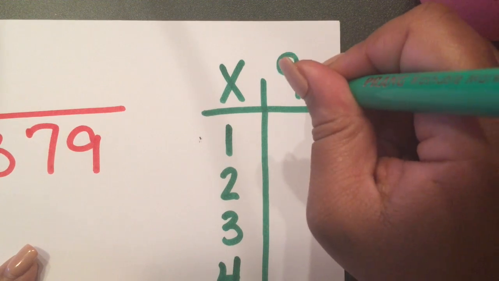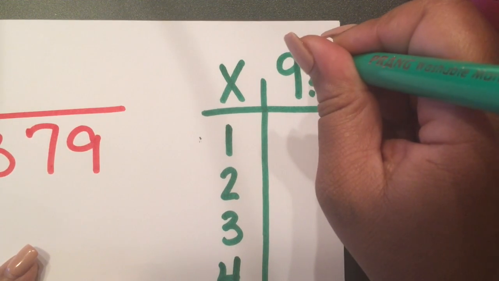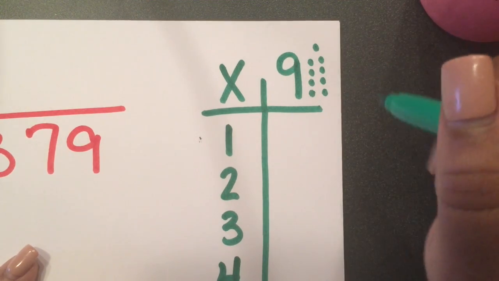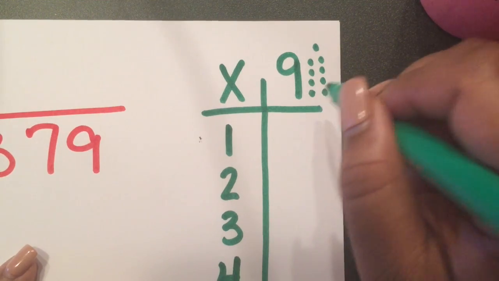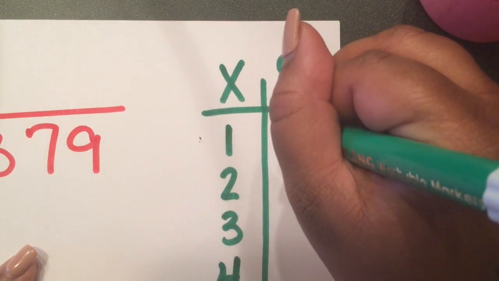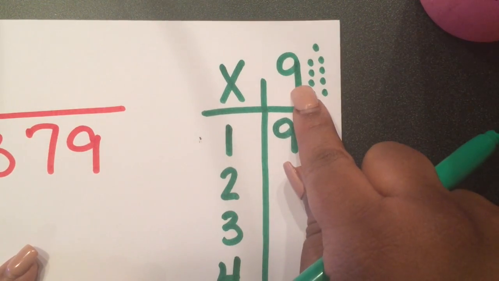So you have 9, and next to it, you can put 9 dots. If you get confused counting on your fingers, you can just count the dots. We start off with 9 because any number times 1 is itself.